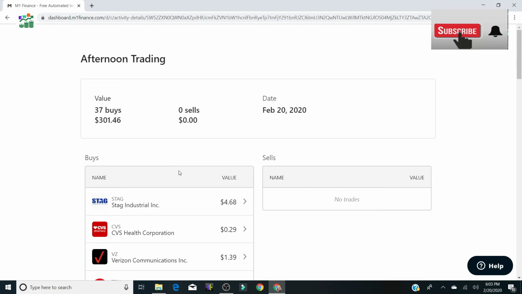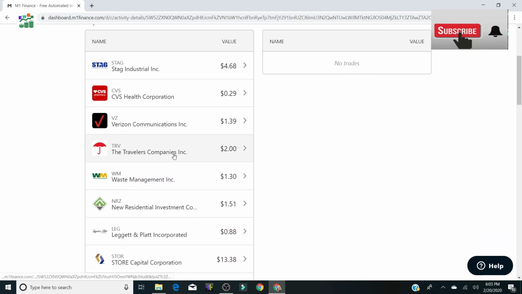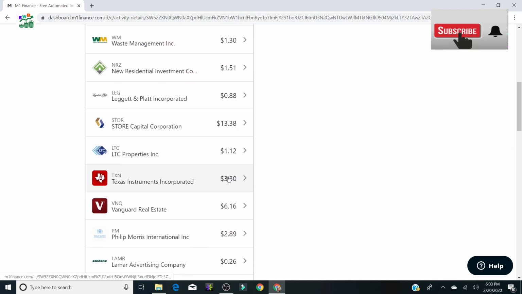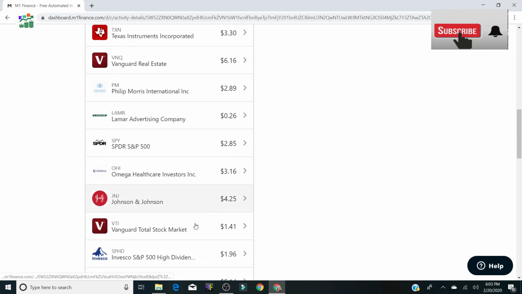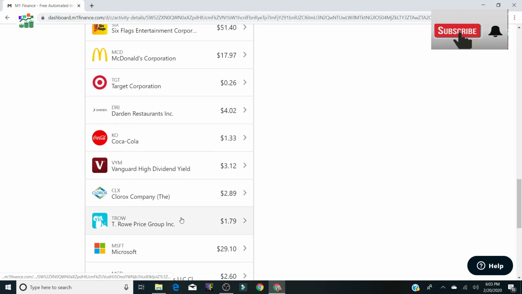The robo-advisor is so smart, you don't have to give any order. They will not let you buy any stocks at a higher price. They only buy when it's below the percentage you assign. It purchased all these shares at different prices for the different stocks and ETFs that I'm holding in this account.